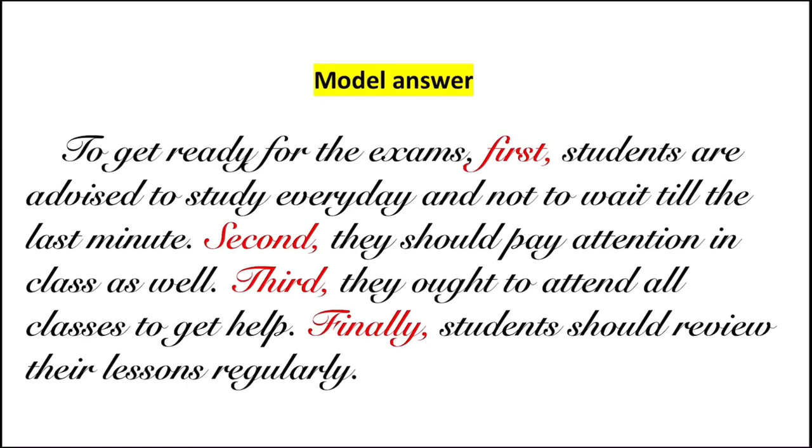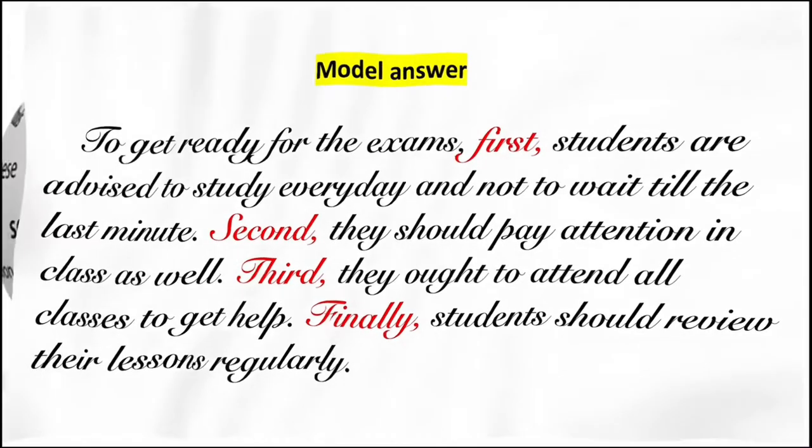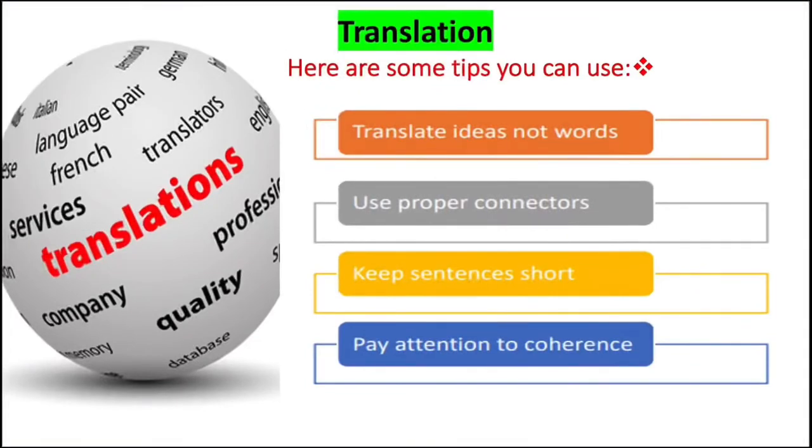All right, and let's move to the second part of our lesson, which was, yes, translation. So in translation, we change from Arabic into good English. All right. So we need to do this.